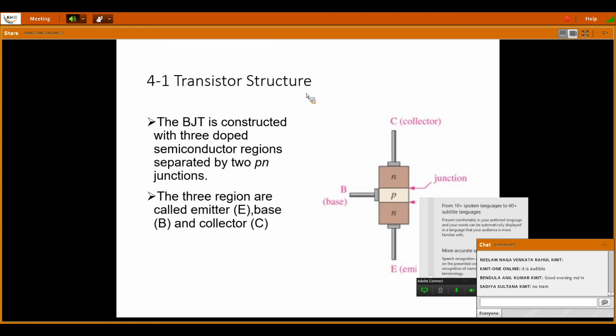Arsenic or phosphorus are some examples of pentavalent impurities.